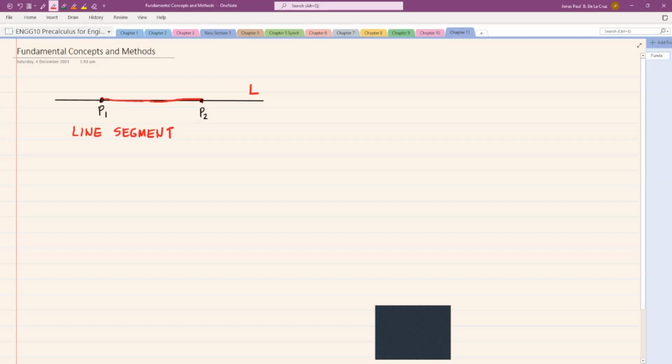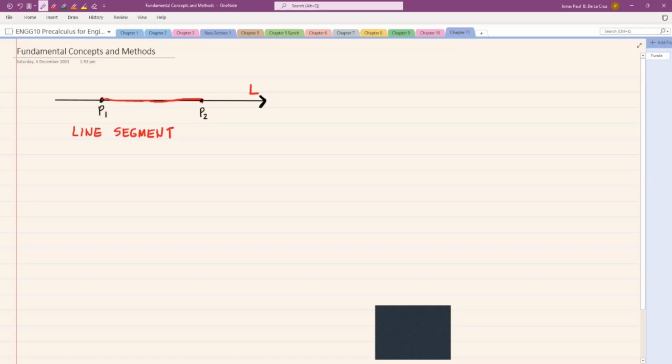Magkakaroon tayo ng arrowhead dito to indicate the direction of the line. For example, ito. So this is a directed line. Diba? Meron na siyang arrowhead indicating that this line is going to the right. Okay, so this is a directed line.